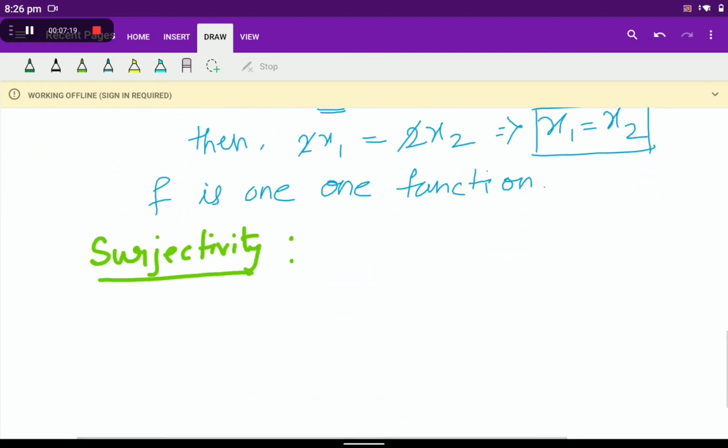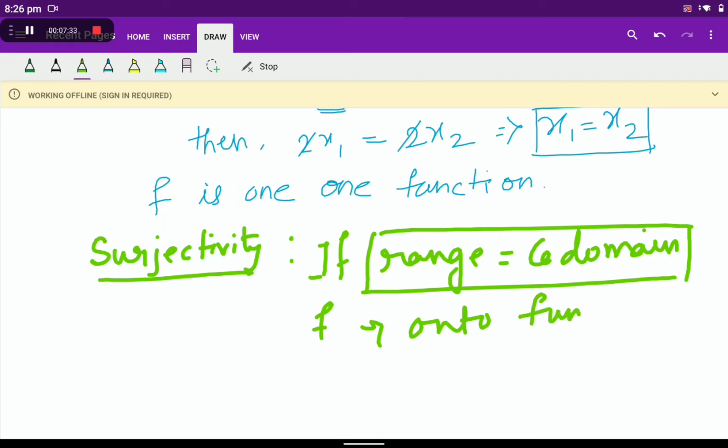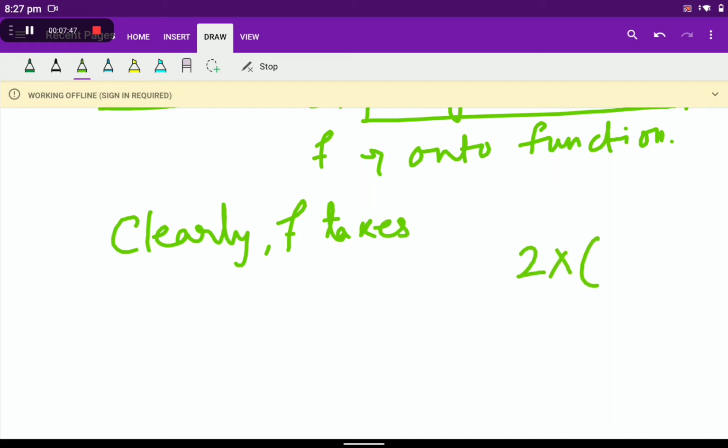If range equals codomain, then f is onto. But here f takes only 2x, so if we multiply any number by 2, it will be an even value. So f takes even values.